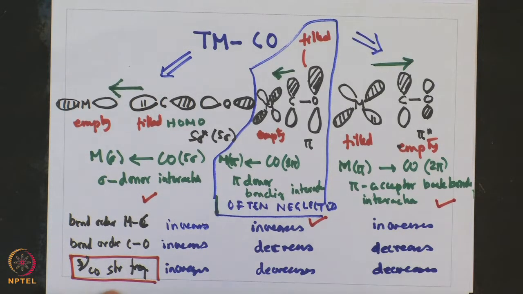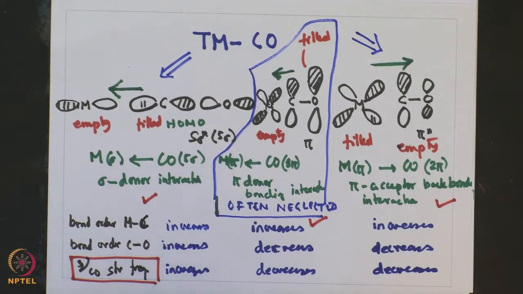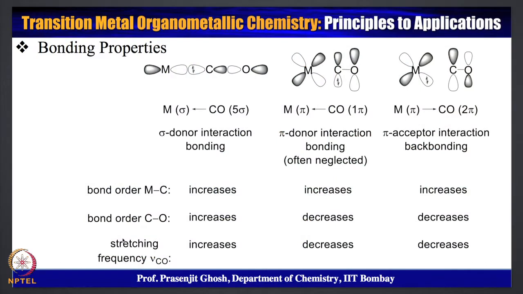And from the increase or decrease or variation of the CO stretching frequency, one can gain insight into the extent of forward donation that CO is undergoing with the metal orbital, or the extent of backward donation that the metal orbital is undergoing with CO.